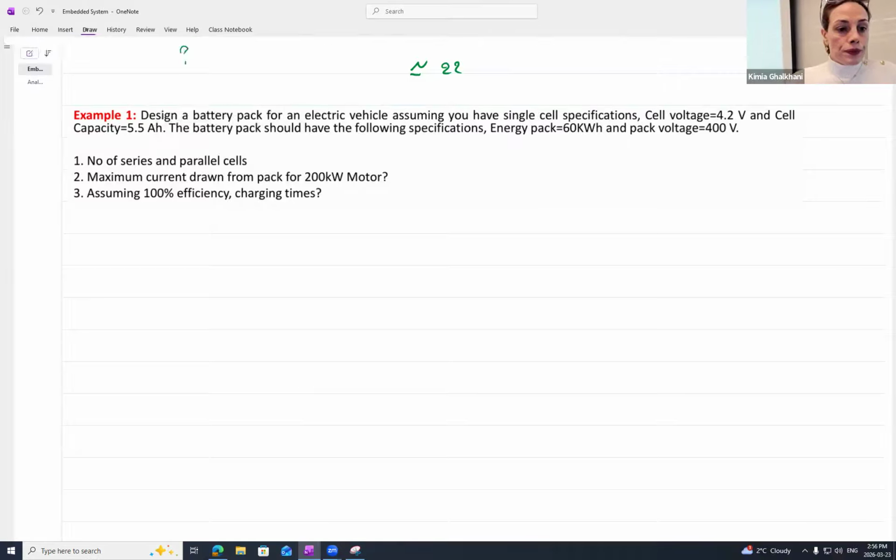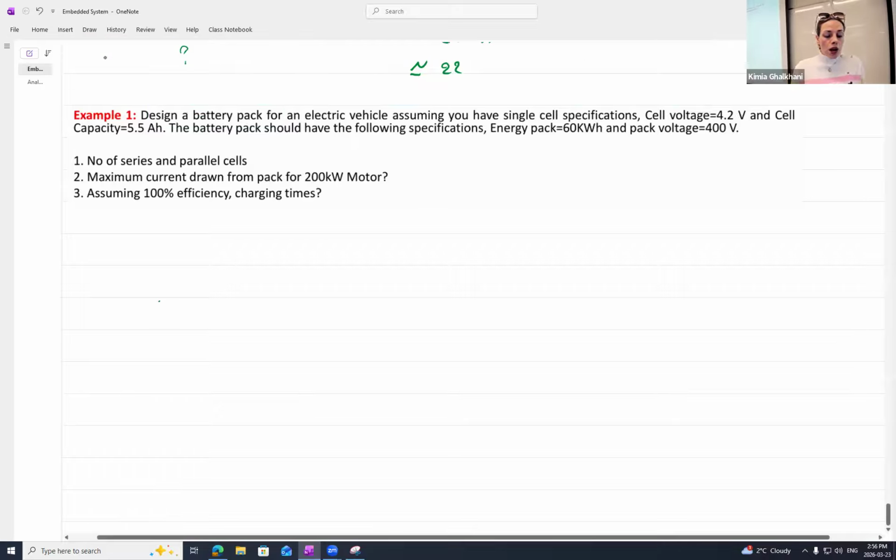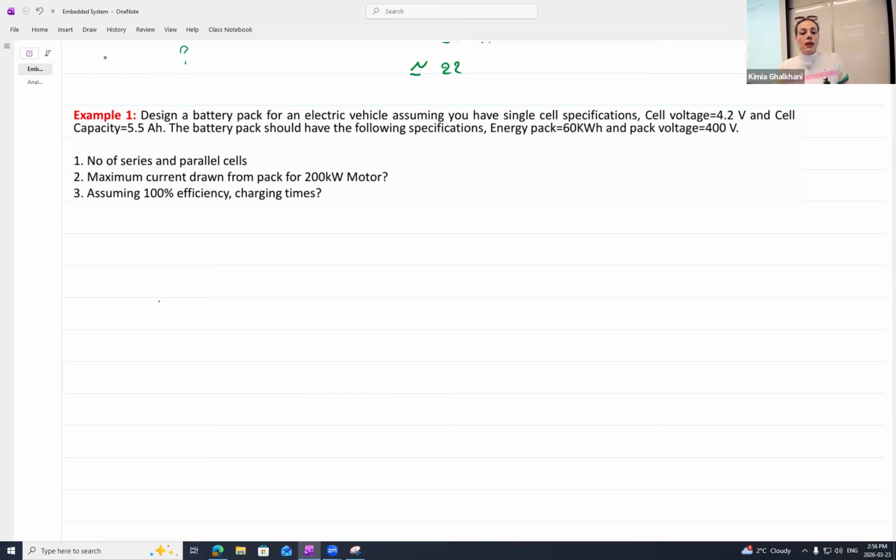So let's start with summarizing what we have from the example. Here, I have been asked to design a battery pack for an electric vehicle application. Assume you have single cell specifications such as cell voltage to be 4.2 volts.